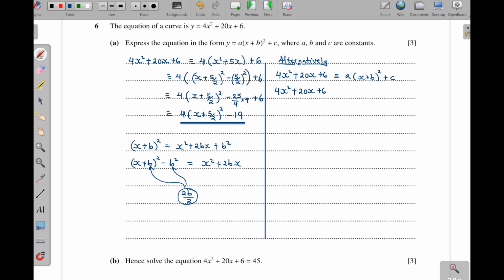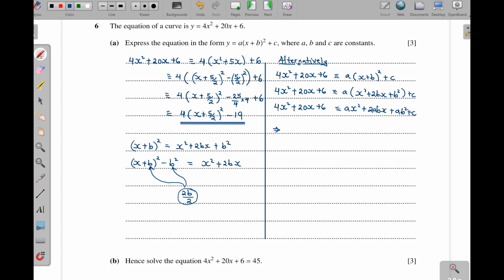So let's expand the right side. This is a. Inside here, just like I told you, you're going to have x squared, then plus 2bx, then plus b squared, and then there is a plus c. So when we open the brackets again, when we multiply through by a, we shall have ax squared, then plus 2ab of x, then plus ab squared, then plus c.